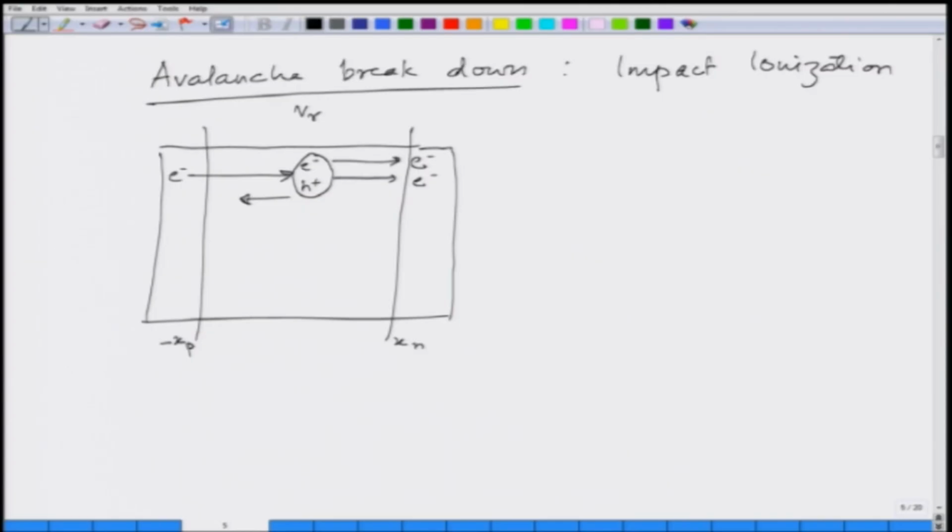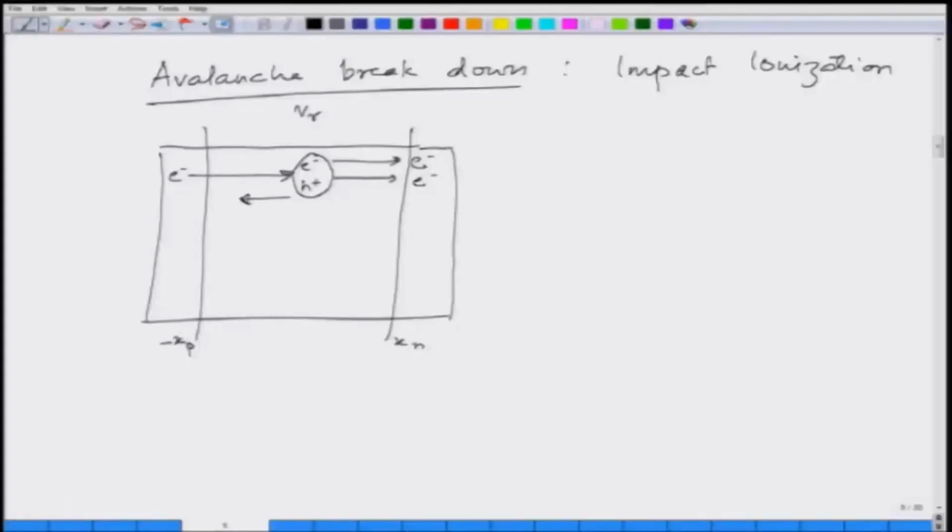So, this is one impact ionization event, because of a highly energetic electron in the depletion region in the reverse bias, and now instead of 1 electron you have 2 electrons.